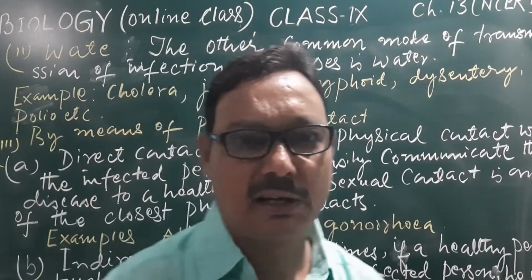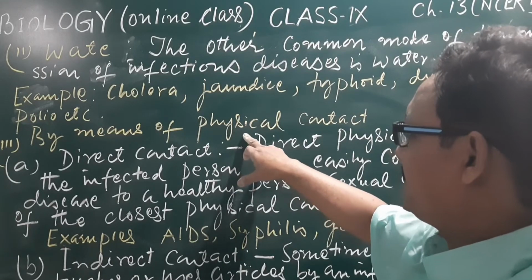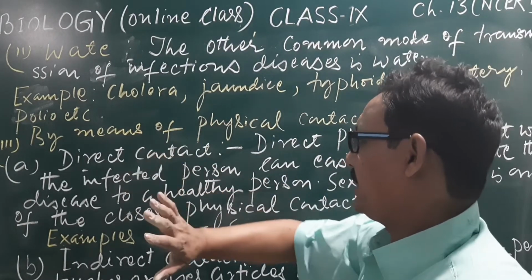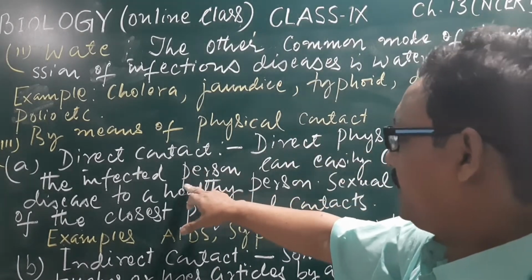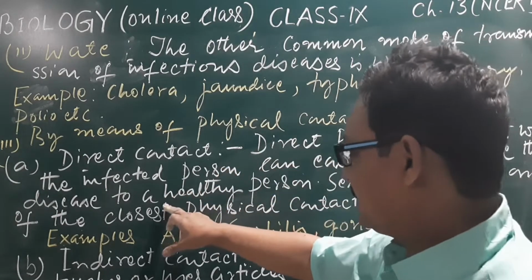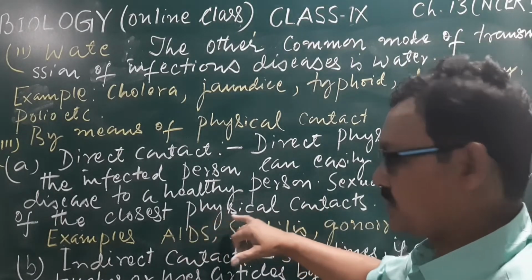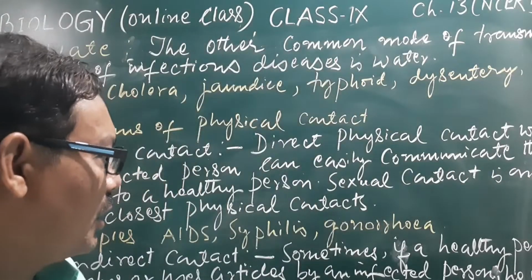Physical contact is also a means of spreading infectious disease. It may be direct and indirect. In direct contact, direct physical contact with the infected person can easily communicate the disease to a healthy person. Sexual contact is one of the closest physical contacts. Examples are AIDS, syphilis, gonorrhea.